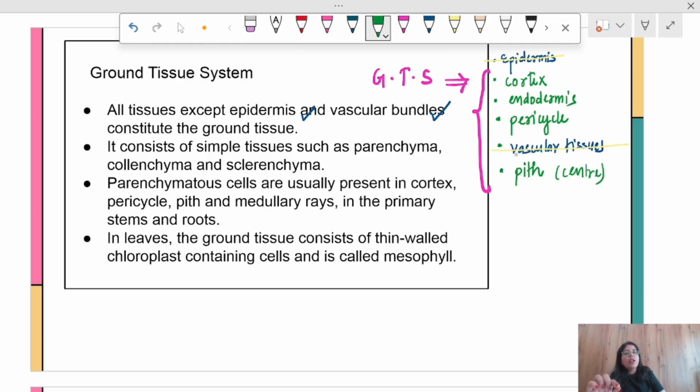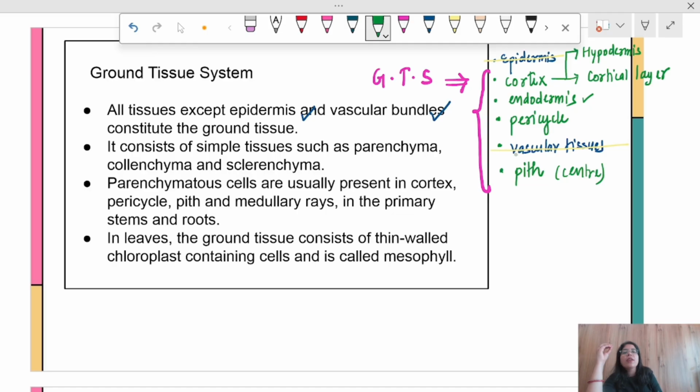Sometimes the cortex can be further differentiated as hypodermis, cortical layer and endodermis. Three layers of cortex are there, but this will be discussed in different sections. You just have to learn that these are the layers which are part of the ground tissue system.